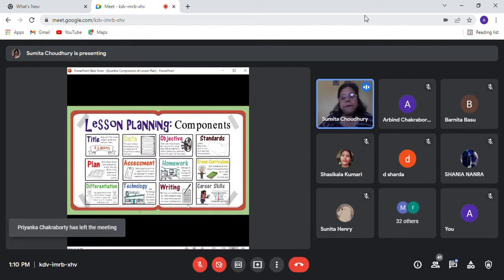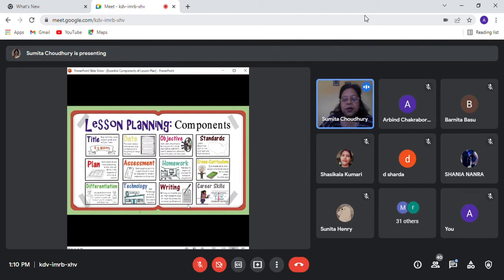Now I have the 12 components of the lesson plan on my screen. In some websites, you may find 8 or 5 components. But I have tried to cover as many components as possible.